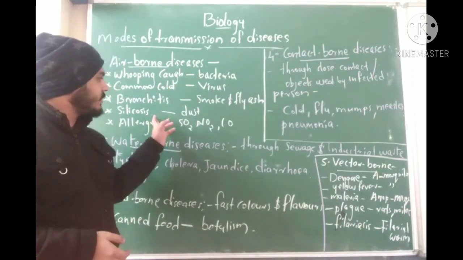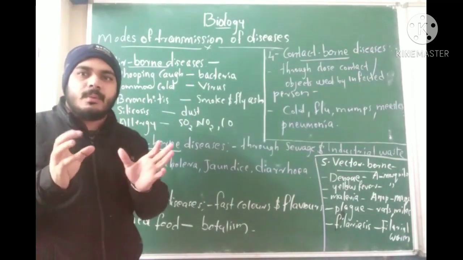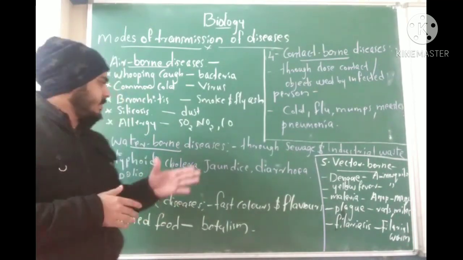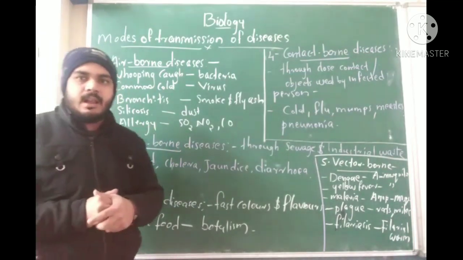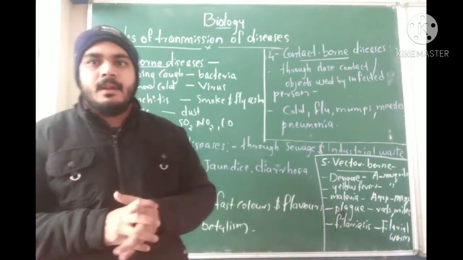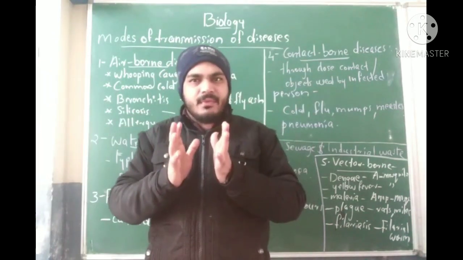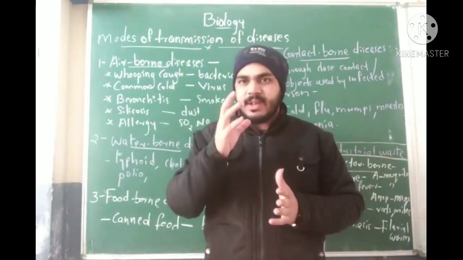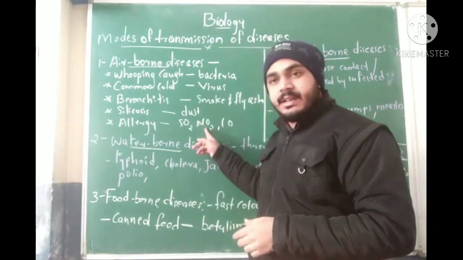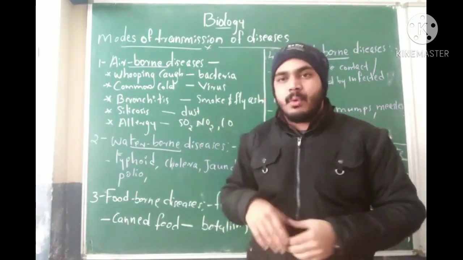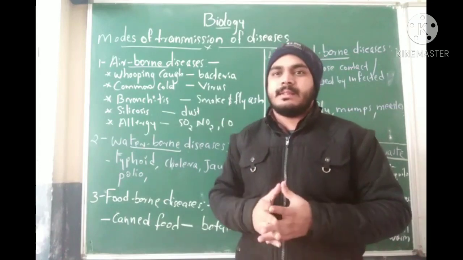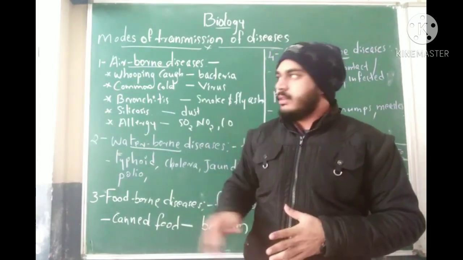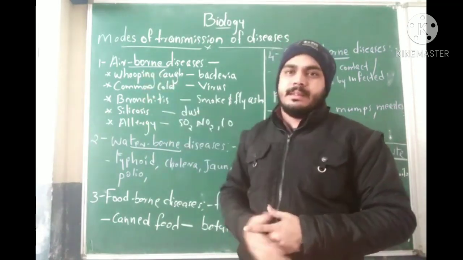It is caused by stone dust. And the next one, allergy, is caused by air pollution. Pollutants such as sulfur dioxide, nitrogen dioxide and carbon monoxide cause allergy disease. So these are the main airborne diseases.